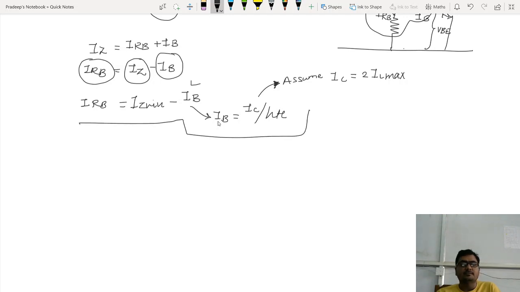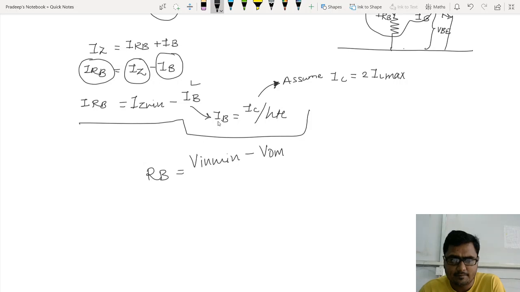This is one way to calculate RB. If you are considering RB, go for it, no issue. Or if you are facing problems in the calculation of RB, then directly you can use this equation. RB is equal to V in minimum minus VO maximum divided by IZ.